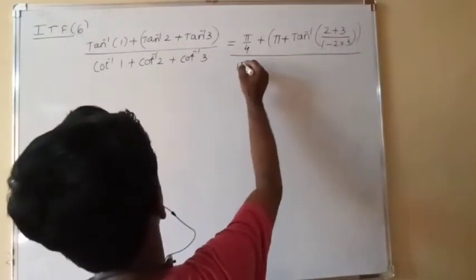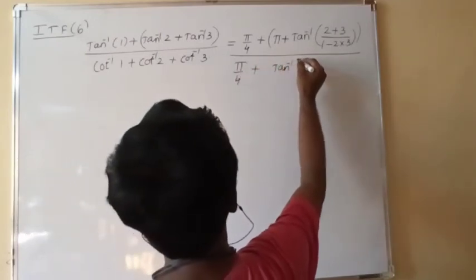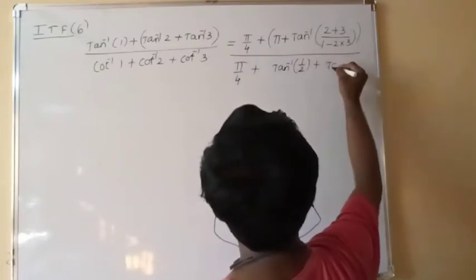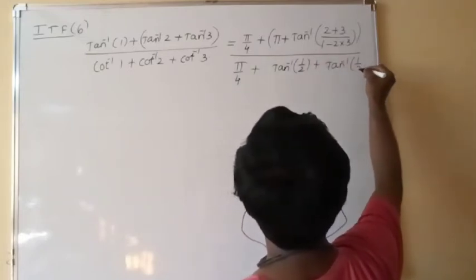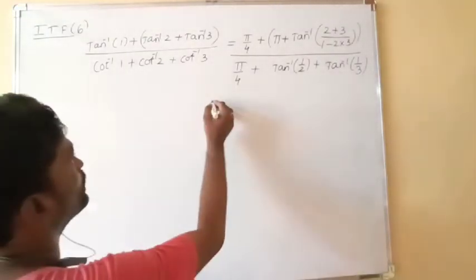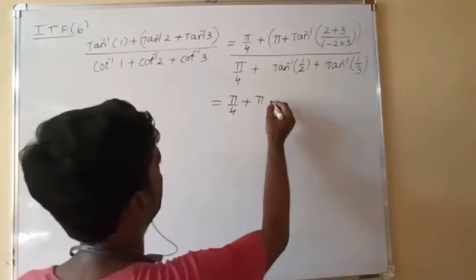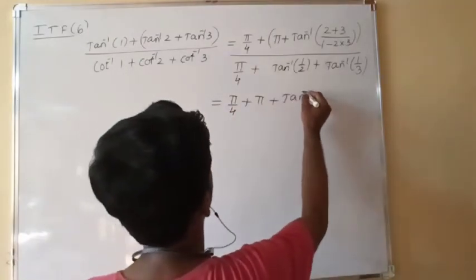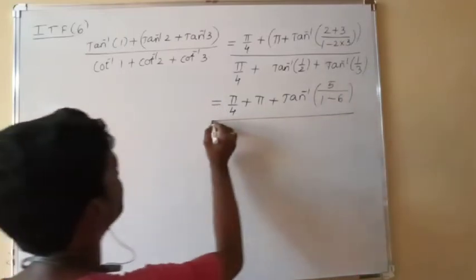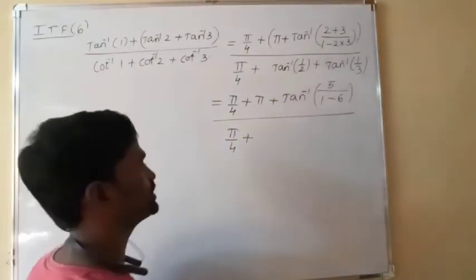Divided by cot inverse 1, which is anyway pi by 4. Cot inverse 2 we can write as tan inverse of 1 by 2 because 2 is positive. Cot inverse 3 we can write as tan inverse 1 by 3, because when x is positive, cot inverse x is the same as tan inverse 1 by x. So pi by 4 plus pi plus tan inverse of 5 divided by 1 minus 6, divided by pi by 4 plus tan inverse x plus tan inverse y formula.